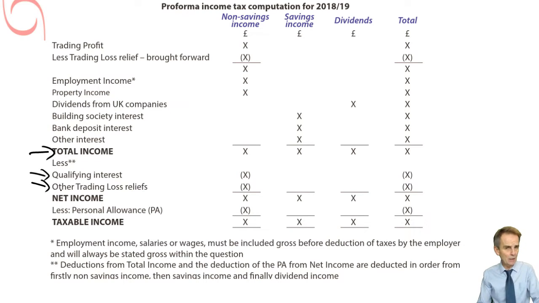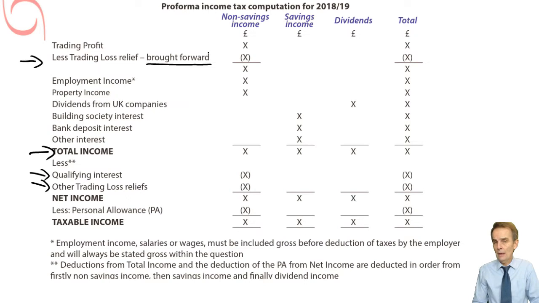The reason being, we didn't discuss this at the time of introducing this computation to you, but up here, as well as seeing these other trading loss reliefs being deducted from total income, there's another trading loss, which is any brought forward trading loss. So an unincorporated trader who has their own business, a self-employed individual, previously in an earlier year, maybe the previous year, made a loss and was not able to use all of the loss in those earlier years.